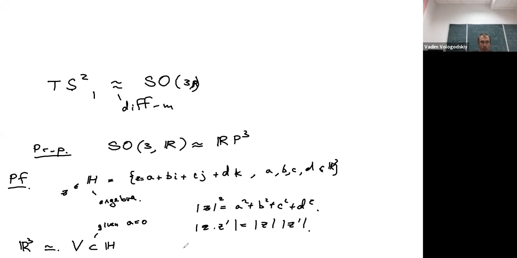Okay. So now we can consider this vector space equipped with this quadratic form, norm squared. And I consider this vector space with a quadratic form as I have an action of the group of invertible, non-zero quaternions here.